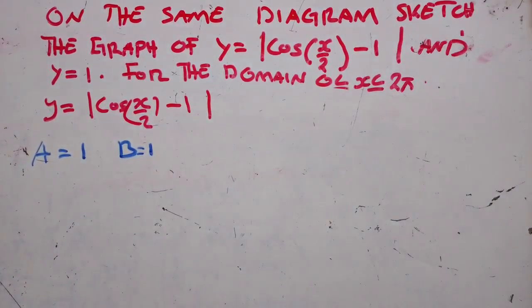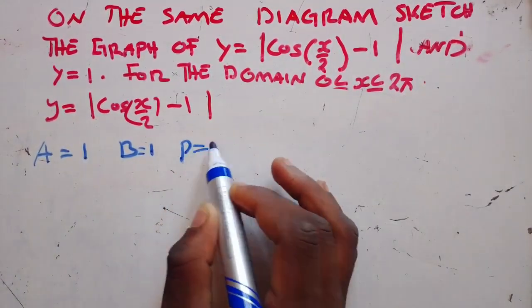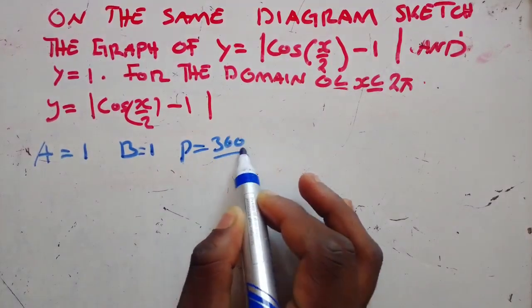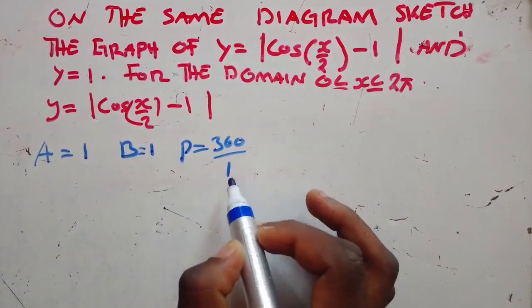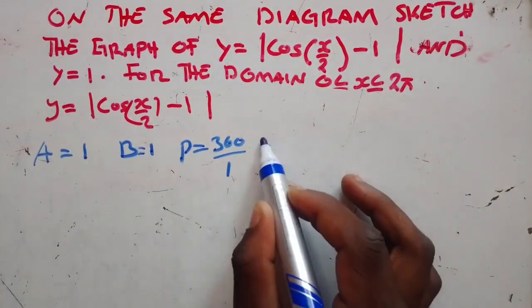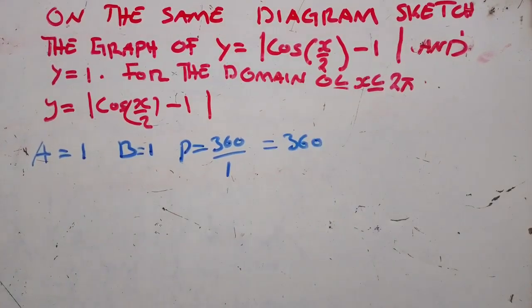Then lastly, we find the period. The period is given by the formula 360 over frequency. Our frequency is 1, so I have 360 over 1, and this gives us 360. This means that our graph will end at 360.